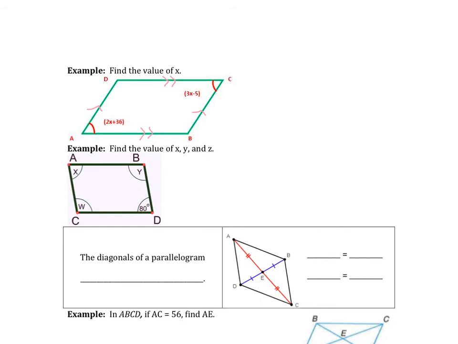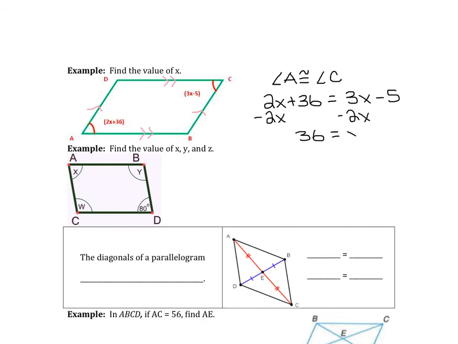So that means that angle A is congruent to angle C, which means their measures are equal. So 2X plus 36 equals 3X minus 5. Then solve for X. So subtract 2X from both sides. 36 equals X minus 5. Then add 5 to both sides. X is 41.